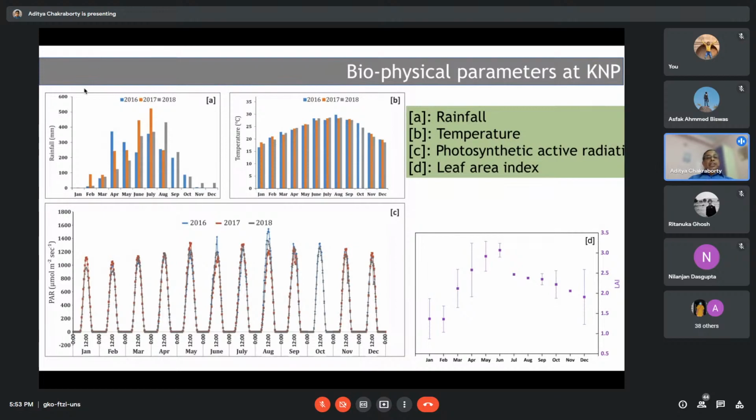This figure does not show a comparison of Northeast India rainfall and the rest of India, but it shows the rainfall pattern in Northeast India. The upper panel shows the monthly rainfall pattern for three years, 2016, 17, and 18.